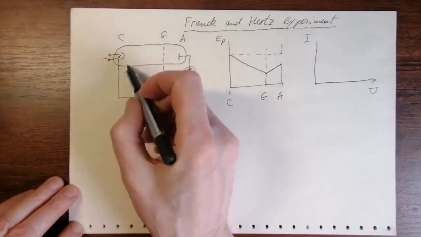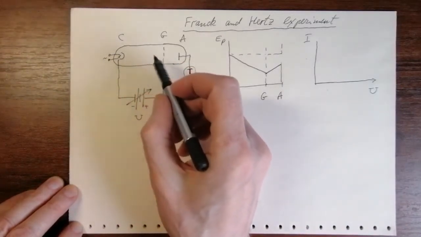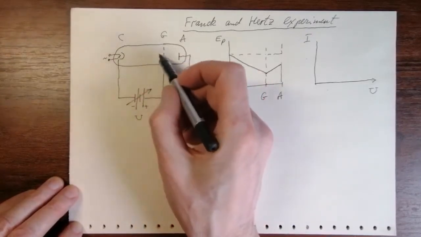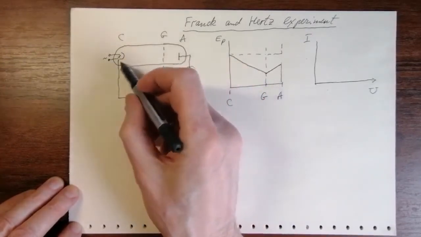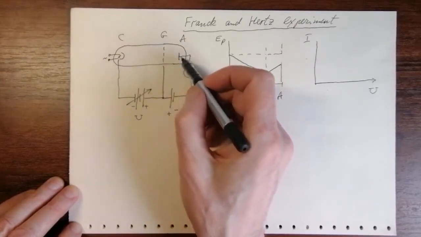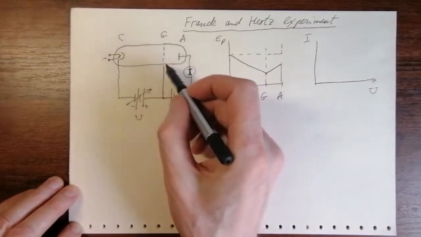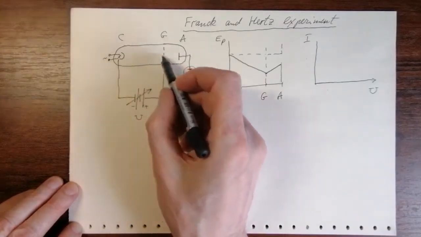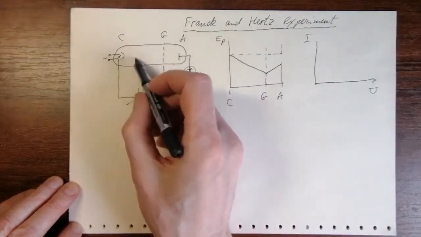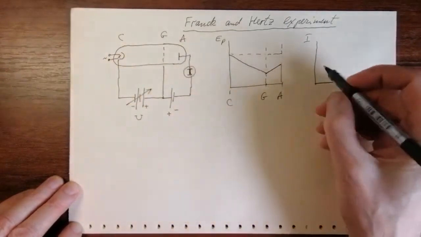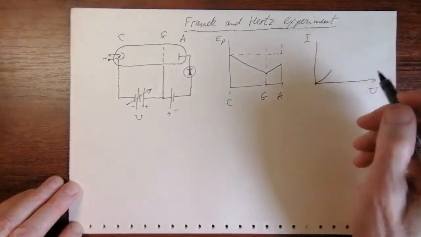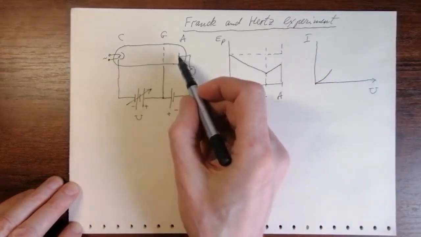I mean that this is a cloud of electrons, and not all of them reach the anode, because some of them can be absorbed on the grid or on tube walls. But the greater this field, the greater the force applied from the field to electrons, and more electrons reach the anode. So we observe an increase of current.